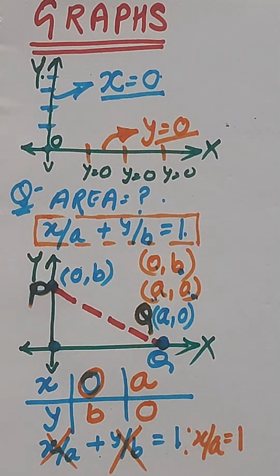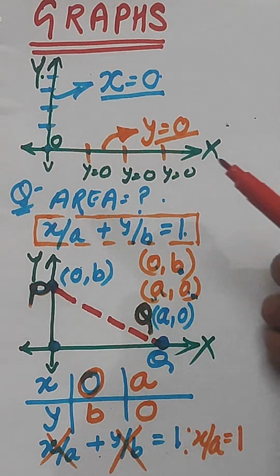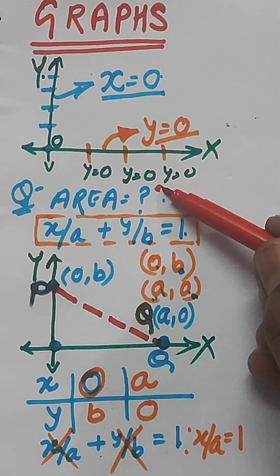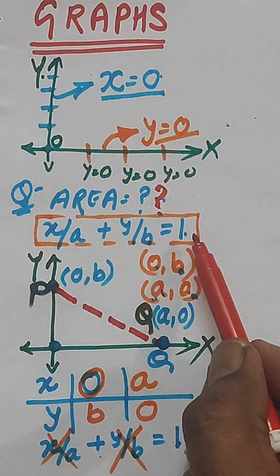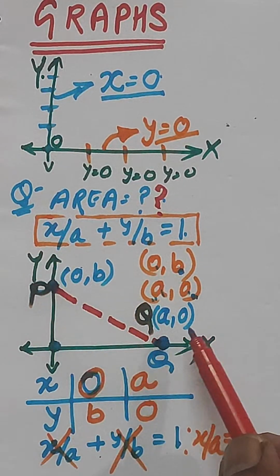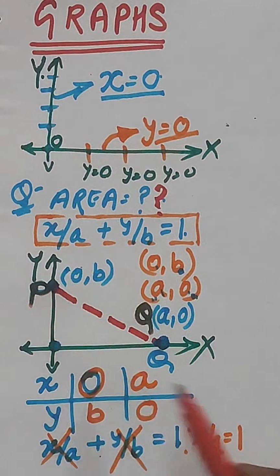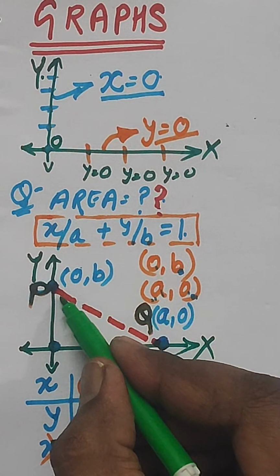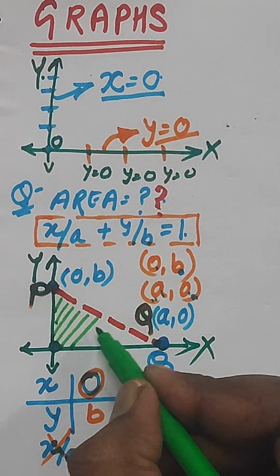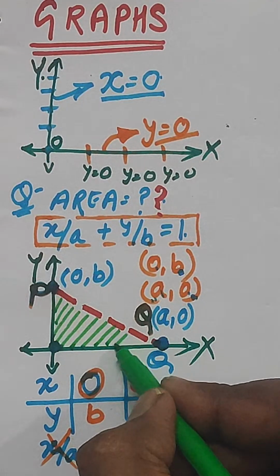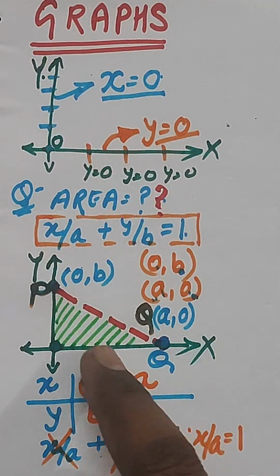In the question, it has been asked to find the area of the triangle with this line and the coordinate axes, that means x-axis and y-axis. So now we are going to find the area of this triangle. Why this triangle?